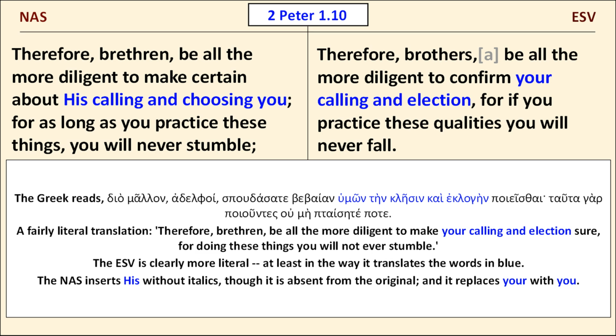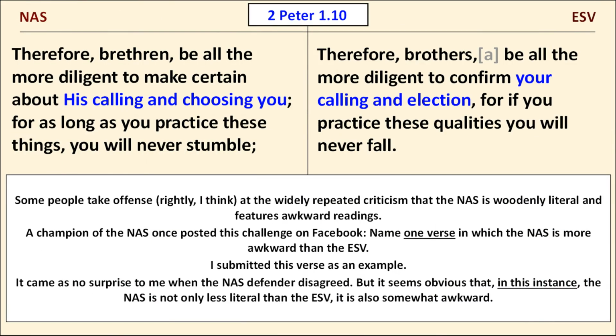Compare that to the ESV's translation, and you'll see that the ESV is more literal. The NAS inserts "his" without the use of italics, though "his" is absent from the original, and it replaces "your" with "you." Some people take offense, rightly I think, at the widely repeated criticism that the NAS is woodenly literal and features awkward readings.